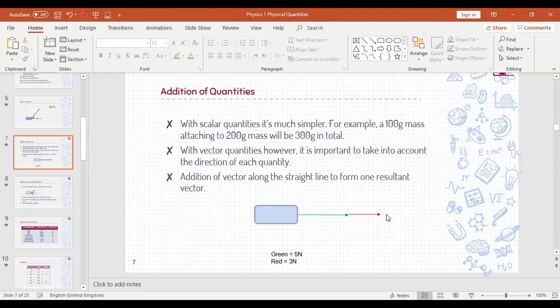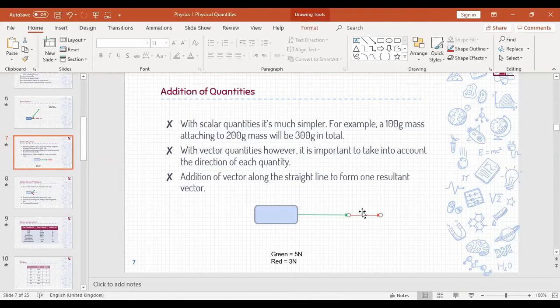So on paper, when you're drawing this, if the red arrow is a 3 centimeter line and the 5 Newton is a 5 centimeter line, when you draw a resultant, the resultant would be an 8 centimeter line because you're just simply adding these two quantities together since they are in the same direction. So the resultant would be 8 Newton to the right.